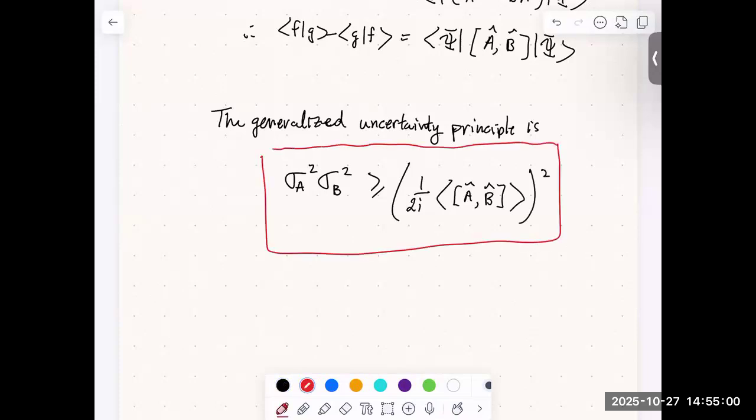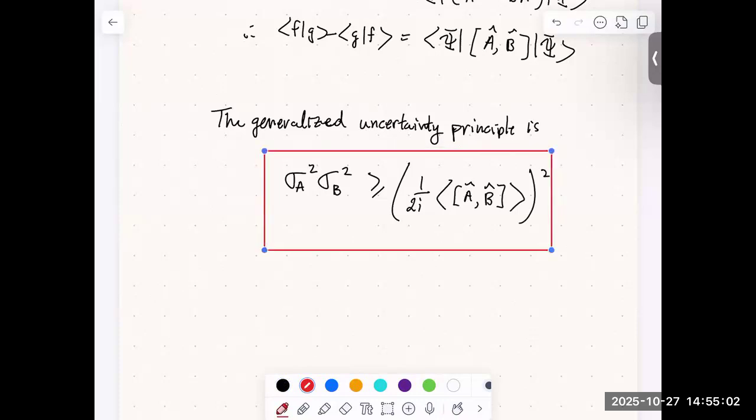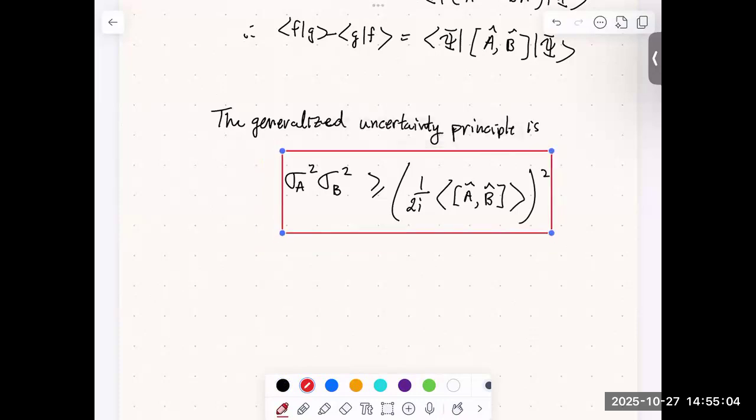So let's try it. Let's try it for what we know must work. If we make A, say, the position, and B, the momentum, we could check it. So let's suppose A hat is going to go to X hat, and B hat is going to go to P hat.